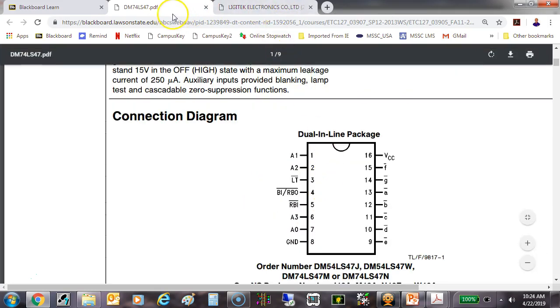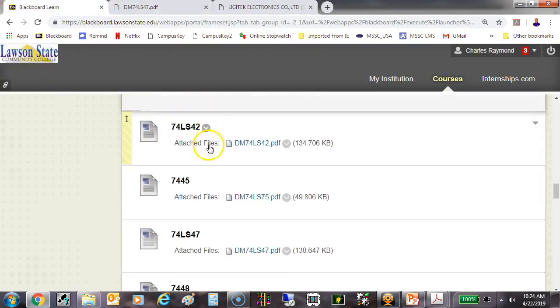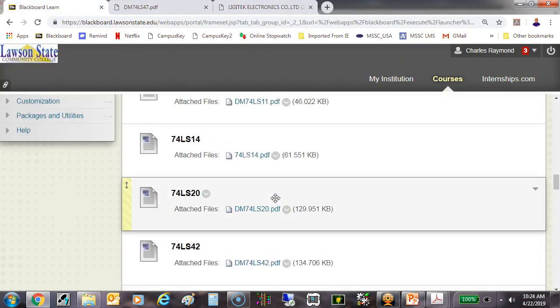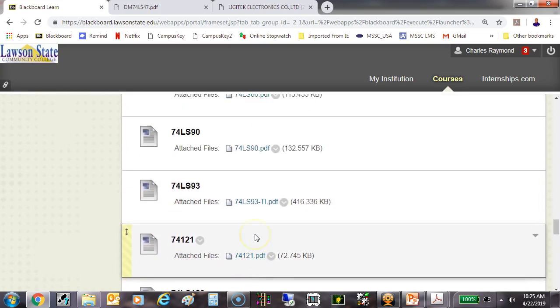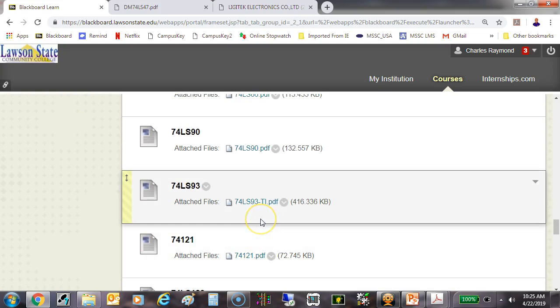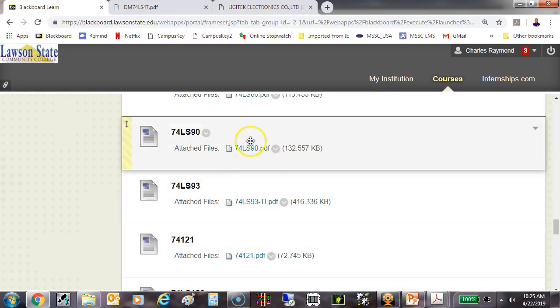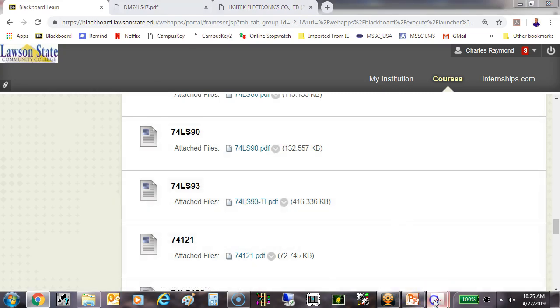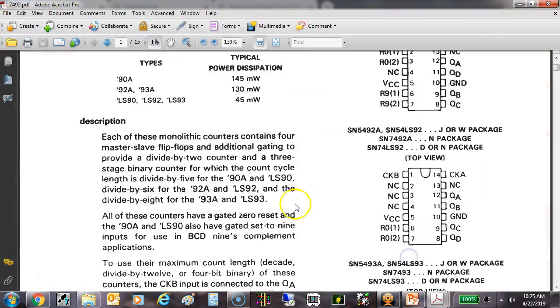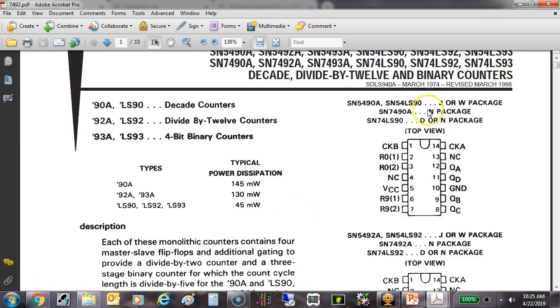And the 7493, we've already looked at the 7493, which is right here, and I've listed it twice, even though they're both on the same data sheet, right? You understand that? Just so it doesn't confuse you. I could come up here and just rename that. So we're using the 7493. This is the 7490.